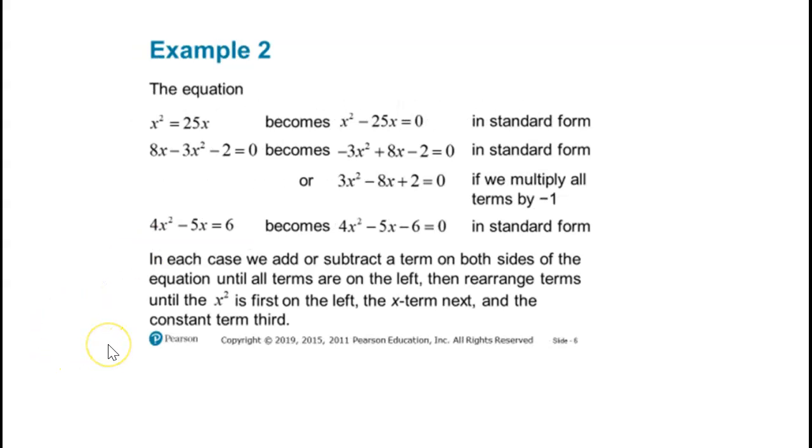Another example, here are different ways to write quadratic equations. You just move around the x squared terms, the x terms, and the constants to get everything to where it equals 0. That's important, because that's how we demonstrate that a quadratic equation is actually an equation.